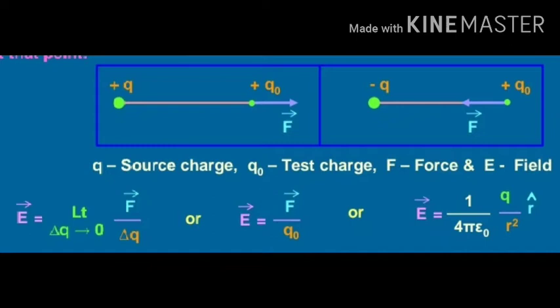Then the electric field E is equal to the limit Q0 tends to 0 of F vector by Q0, or E vector is equal to F vector by Q0. Using the value of F, we can find E vector is equal to 1 by 4 pi epsilon naught Q by r square r cap.